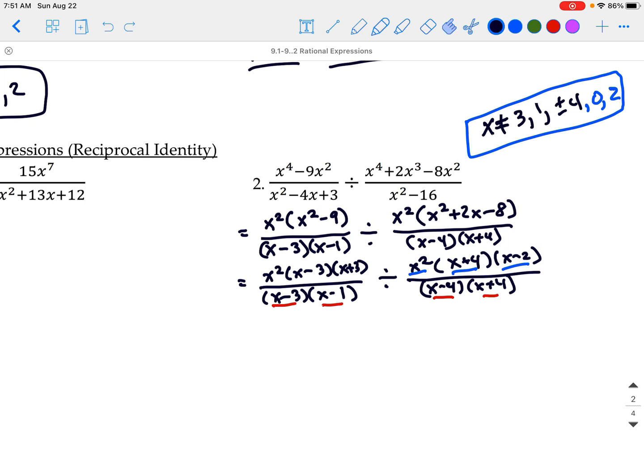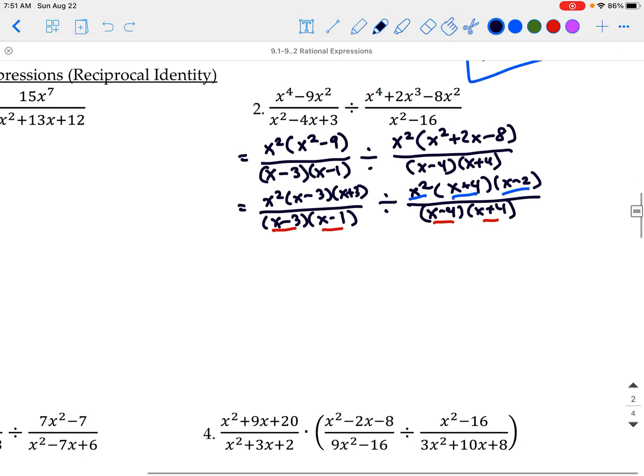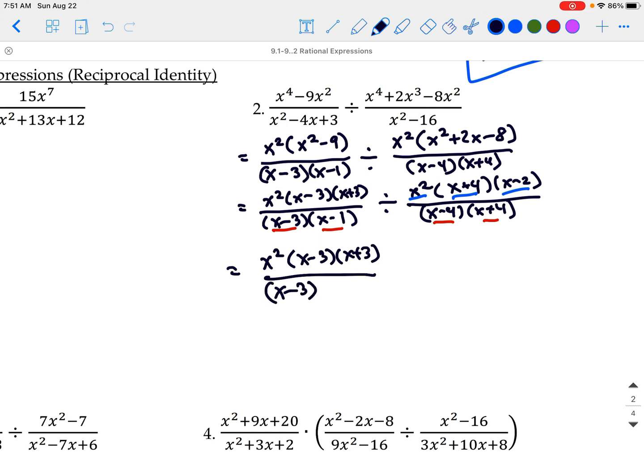All right, so now that we've got that, now we'll do the reciprocation. So we've got x squared times x minus 3 times x plus 3 all over x minus 3 times x minus 1 times, and now we'll put x minus 4 times x plus 4 all over x squared times x plus 4 times x minus 2.